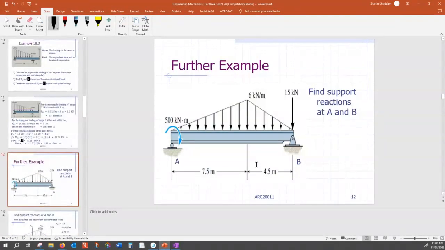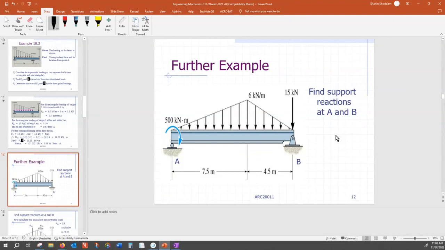Okay, so hopefully, let's try this one. What is the eventual question? The final question is you want to find out the reaction of the beam. But before you find the reaction of the beam, you need to simplify the structure. So can someone tell me, just in steps, not in numbers, how do we find the reactions here?